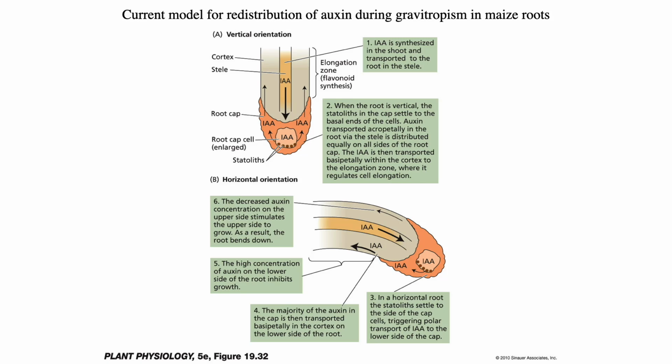This transient auxin gradient induces changes in the expression of auxin-responsive genes like IAA1, IAA2, and ARF19. The elevated auxin levels on the lower side of the root then inhibit cell elongation, causing the root to bend downwards in response to gravity.